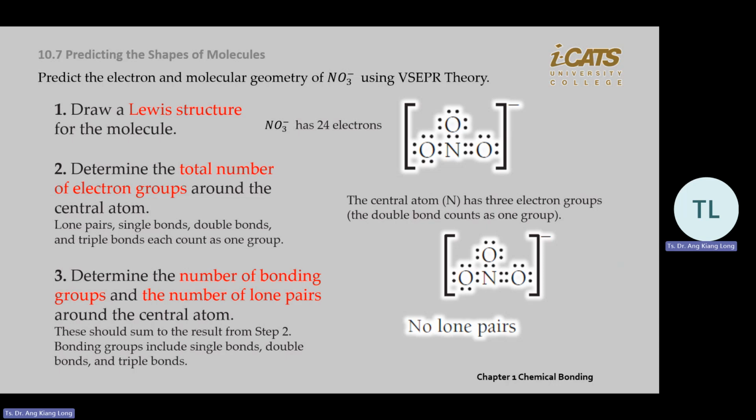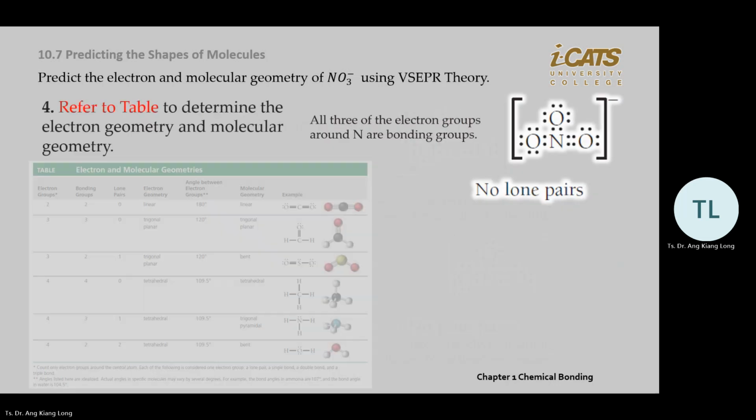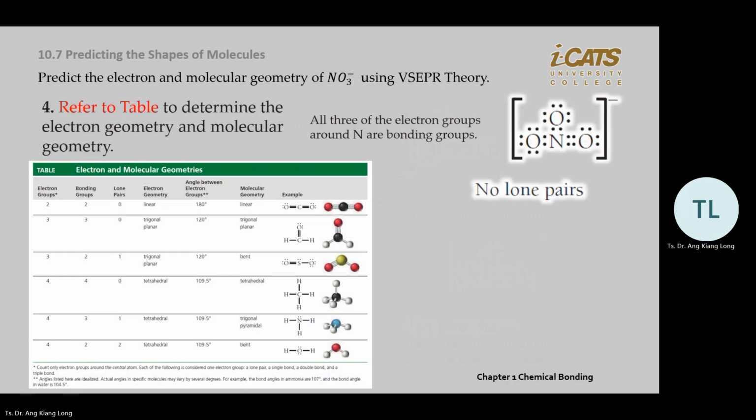How many? 3. Okay, got any lone pairs? No. So 3 electron groups, bonding groups. How many bonding groups? 3. So 3, 3. Lone pair 0 is the second column, right? In the table. Refer to table.